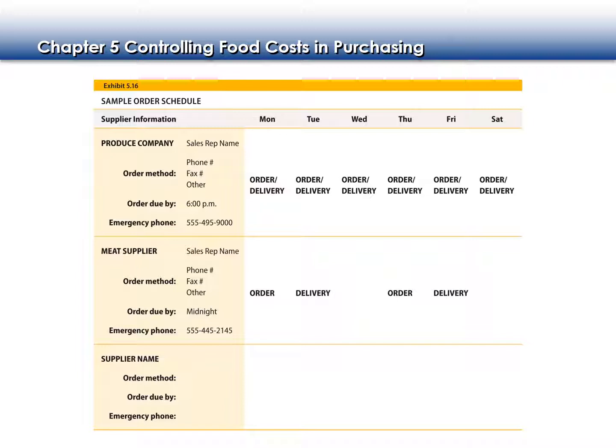So you can see we get order and delivery options for every single day. Our meat, we order it on Monday, it comes in on Tuesday. We order it Thursday, it comes in on Friday. Does this make sense? Yes. So that way we have an actual schedule of when we can expect different items to be coming in.